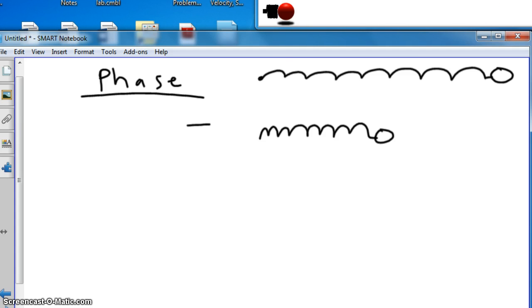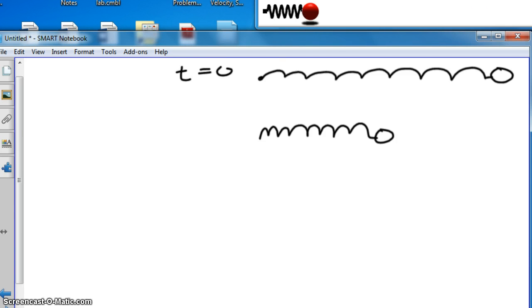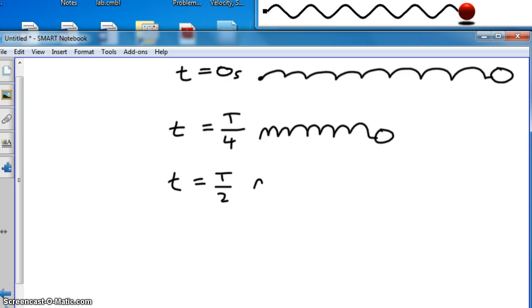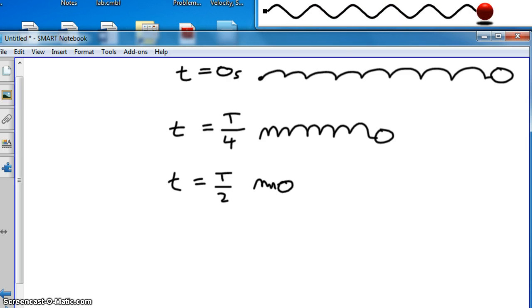That's where it is when no time has passed. This is where it is after 1/4 of a period has passed. After another quarter, so when a total of 1/2 period has passed, it's right here at the left edge.